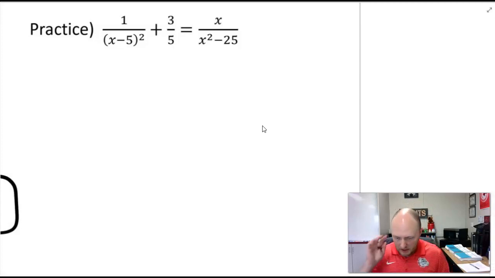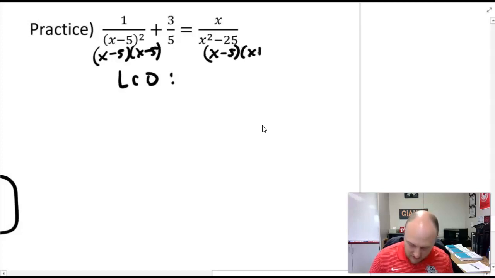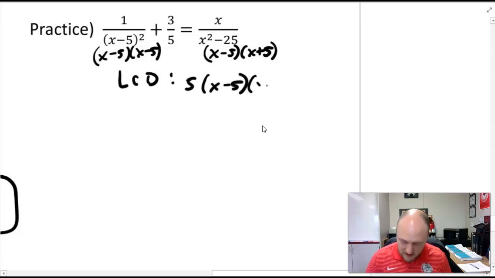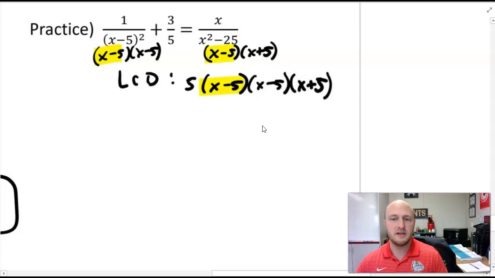Okay, here we go. Last one, the LCD for this example. This is x minus 5 up here. This is x minus 5, x plus 5. Okay, so we get 5 times x minus 5 times x plus 5. There was a shared x minus 5 right there, and then we had a leftover x minus 5.